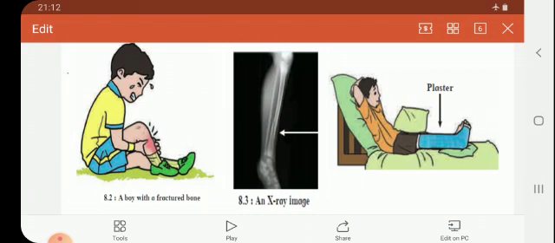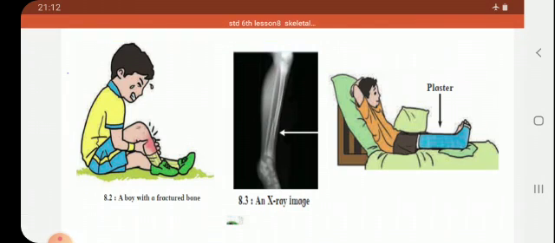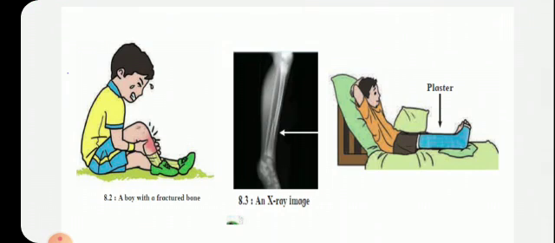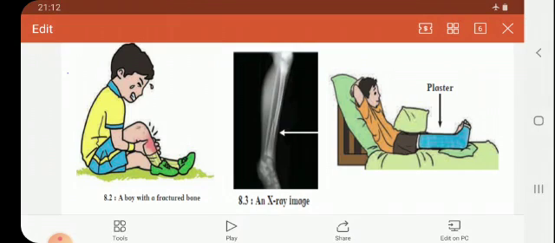Now we will see what happens sometimes when we fall while playing or have an accident. You must have seen the child given on page number 57, figure 8.2. Therein a child is crying because he has a pain in the leg.